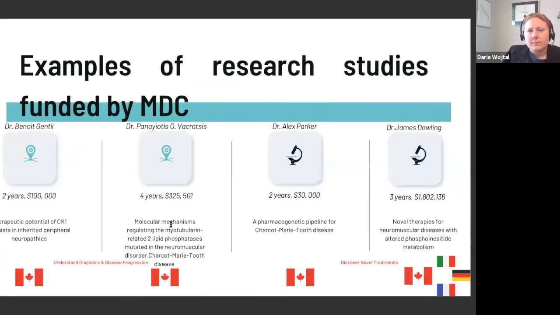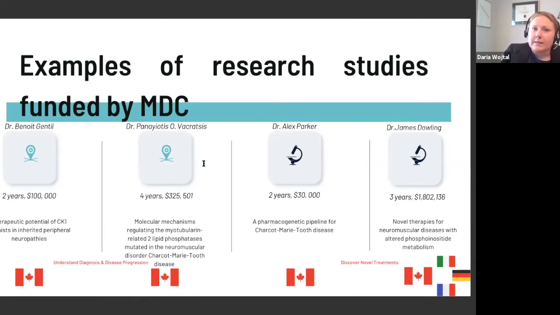So we're going to walk through some of the projects that MDC is funding as they pertain to those four pillars that we outlined. The first two projects, as you can see on the left, pertain to the aim of understanding diagnosis and disease progression. These two projects are looking at what happens in CMT after we have a genetic mutation.